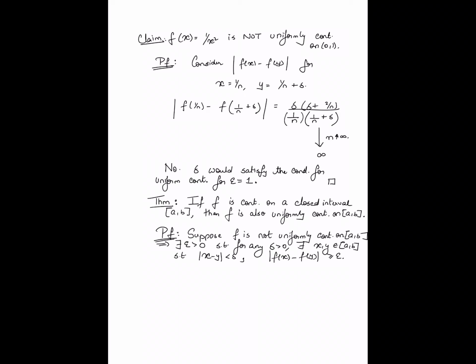Right? So now what I can do is, for various values of delta, choose these points x and y. So for all natural numbers n, there exist xn, yn such that xn and yn belong to the interval under consideration, and |xn minus yn| is less than 1 by n.